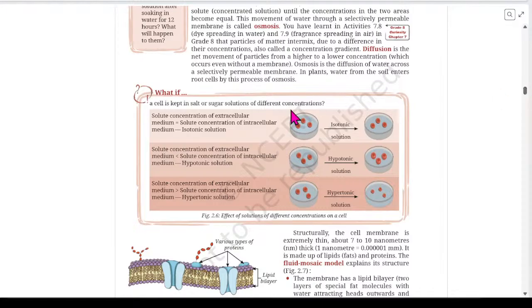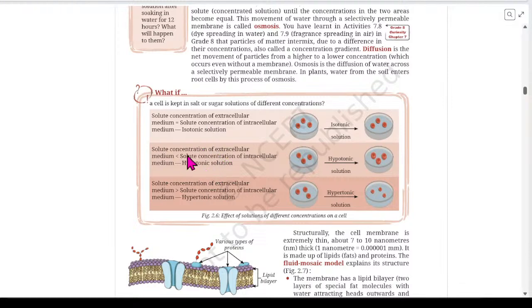So here is another activity which is showing you the different types of solution. The names of the solutions are isotonic, hypotonic and hypertonic. A cell is kept in salt or sugar solution of different concentrations. An isotonic solution is one in which the solute concentration of the extracellular medium is equal to the solute concentration of the intracellular medium.